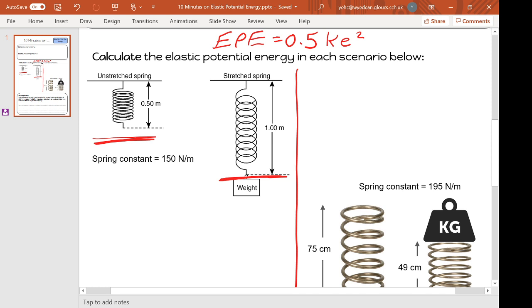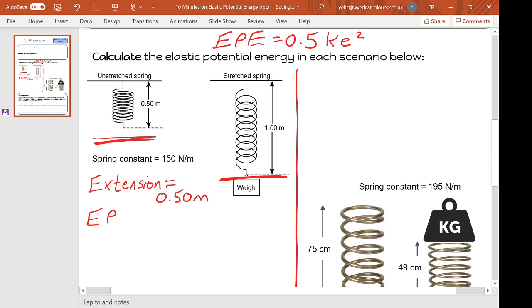If it started off unstretched at 0.5 meters and then stretched to 1 meter, that means my extension was how much it grew by, and that's going to be another 0.5.